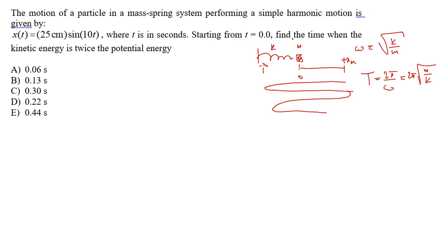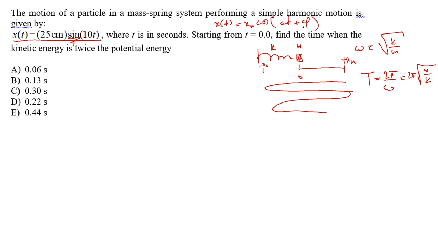Starting from t equals 0, find the time when the kinetic energy is twice the potential energy. Be careful here. I gave you this x on purpose, I put a sine. In general, I will always write my simple harmonic oscillator as x max cosine of omega t plus phi.